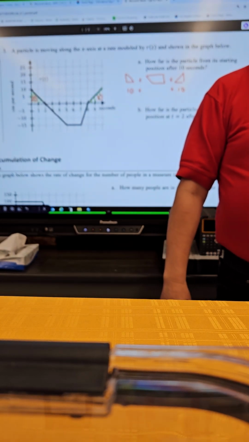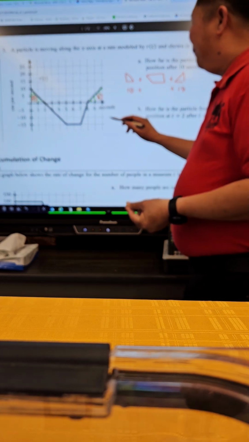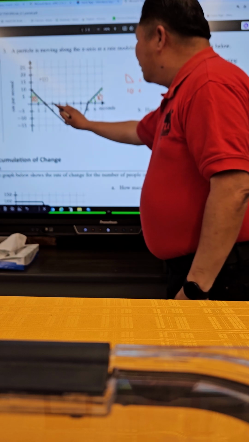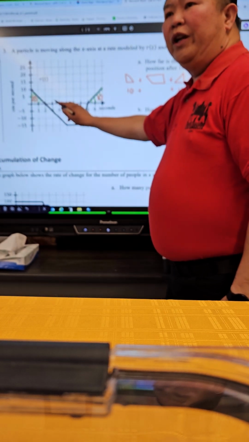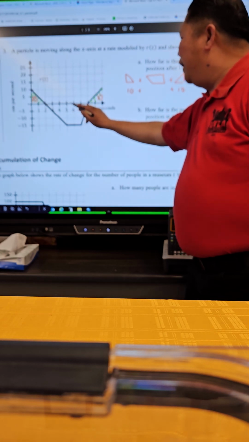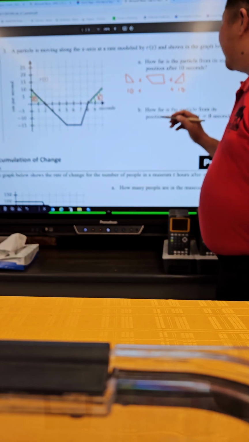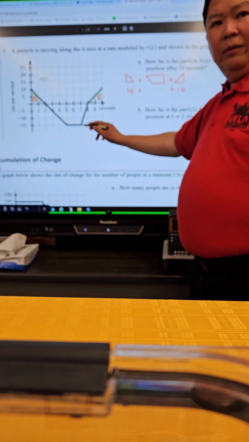Let's have the trapezoid. What is trapezoid again? Base 1 plus base 2 divided by 2, right? So what is base 1? Can you count the number of units? Can we count all together? 1, 2, 3, 4, 5, 6. So that means 6 plus, what is the base of the bottom? 2.